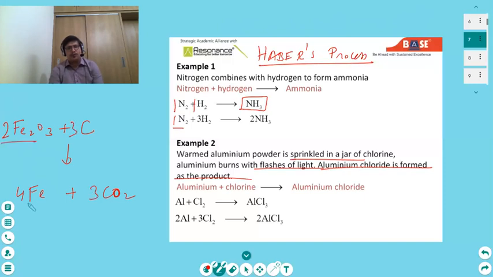So 4 iron, 6 oxygen, 3 carbon, balanced. Very, very good. 6 oxygen, because 2 into 3 is 6 oxygen. So here 3 into 2 is 6 oxygen, 3 carbon. I hope that is clear. Very good.